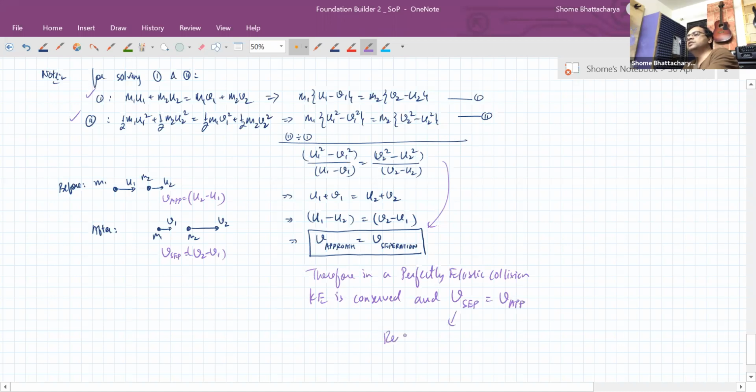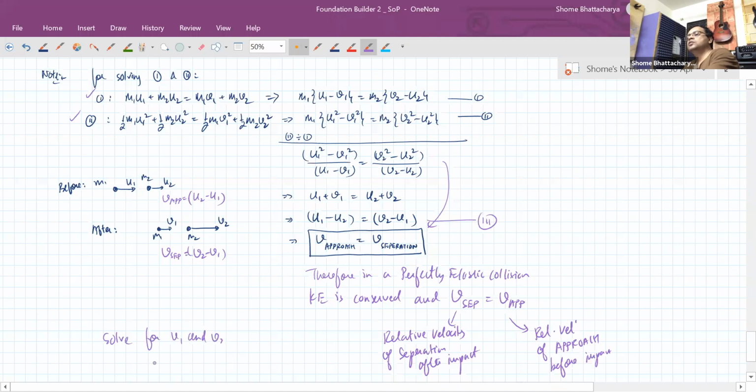The relative velocity of separation after impact is equal to the relative velocity of approach before impact. And now you can see that if we use this as a sort of third equation, then we can always solve for v1 and v2 using equations 1 and 3 instead of equations 1 and 2, because they are simple simultaneous equations. So they are much easier.